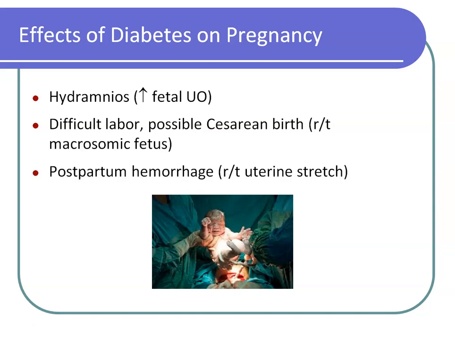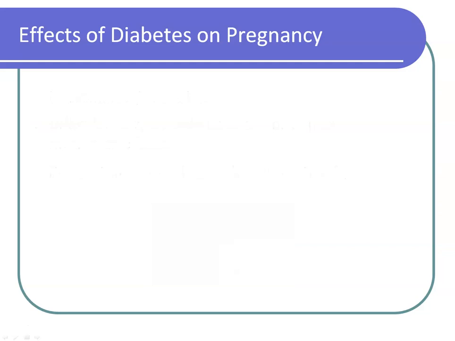She also has a greater risk of postpartum hemorrhage, also related to the uterine stretch. As we talked about, anytime the uterus is overstretched, it's going to have a more difficult time contracting after delivery, and so a greater possibility of postpartum hemorrhage from an atonic uterus.